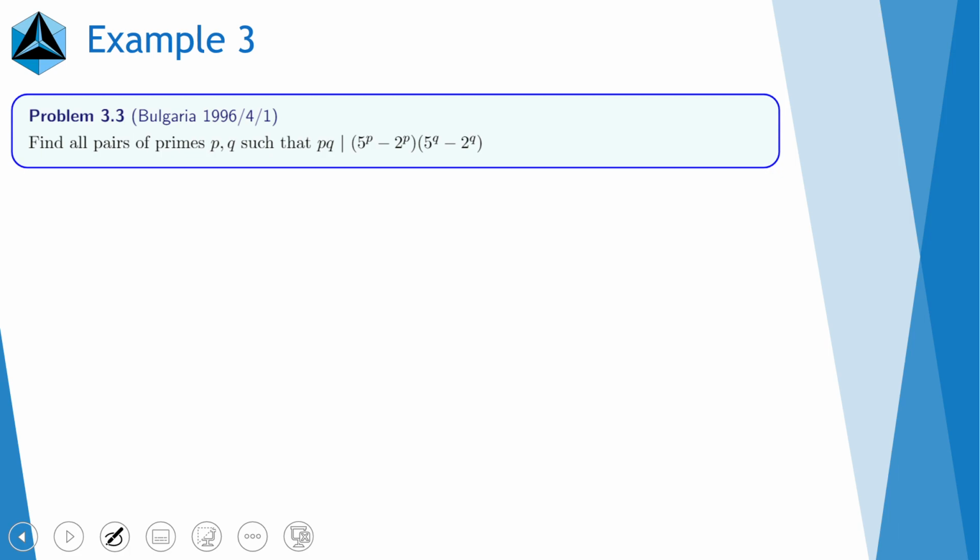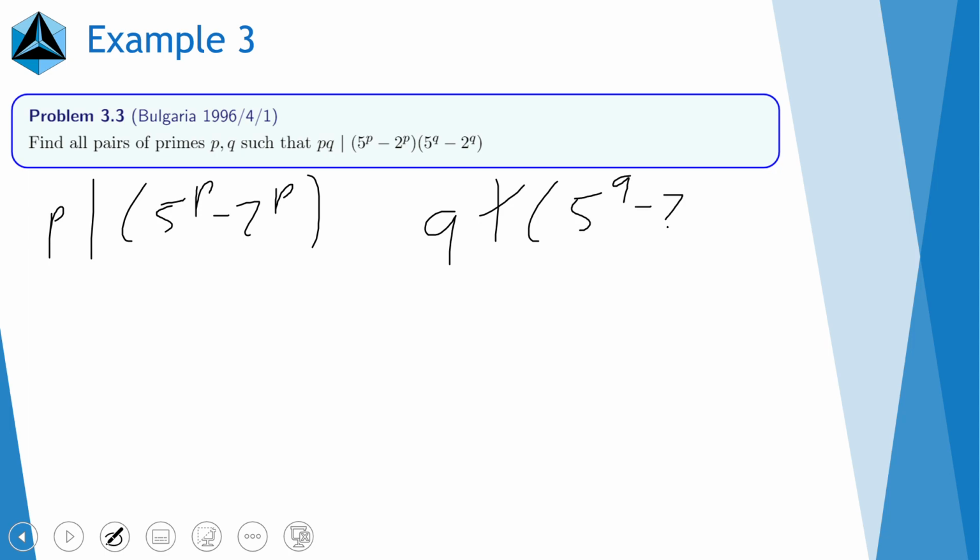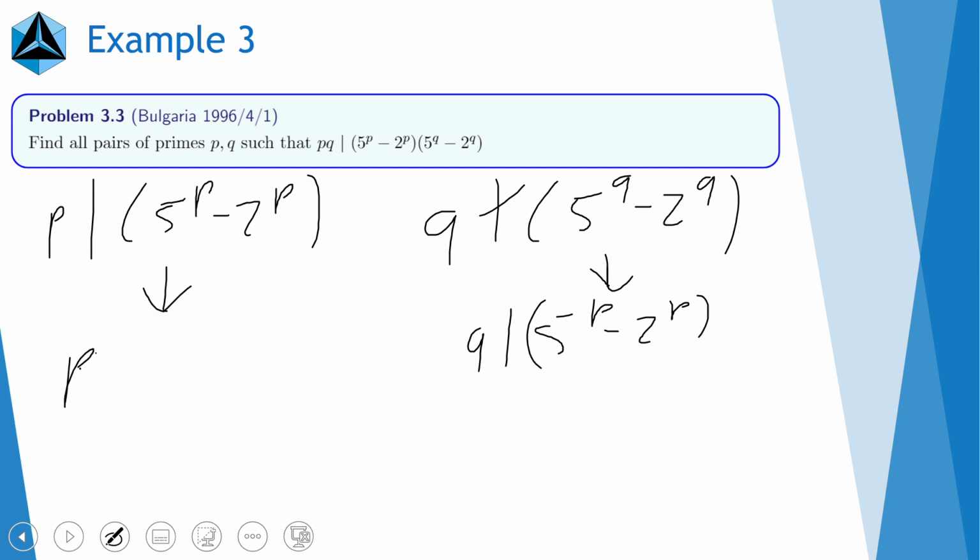So now let's assume that p divides 5 to the p minus 2 to the p, but assume that q does not divide 5 to the q minus 2 to the q. And this implies that q divides 5 to the p minus 2 to the p. Well, by our earlier result, p is equal to 3, which means that q divides 125 minus 8, which is equal to 117.